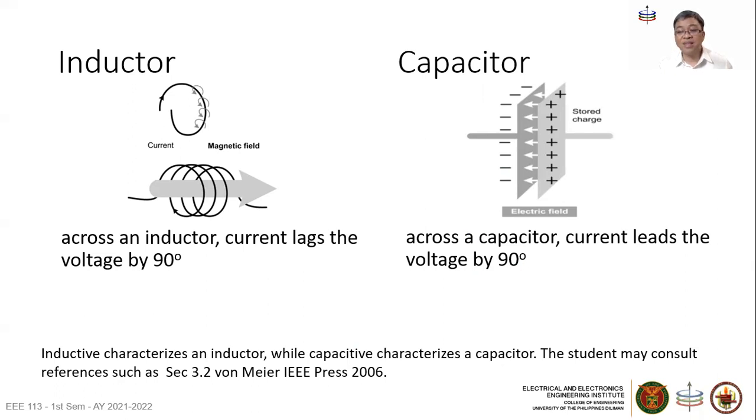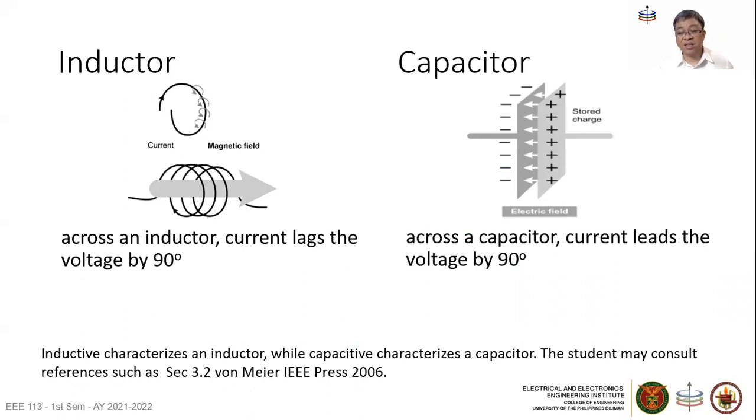If we wind the wire to form a loop or a coil, then the magnetic field gets concentrated here, and a large inductance is exhibited by this device. Such a device that exhibits inductance is called an inductor. In a pure inductor, current lags the voltage by 90 degrees.